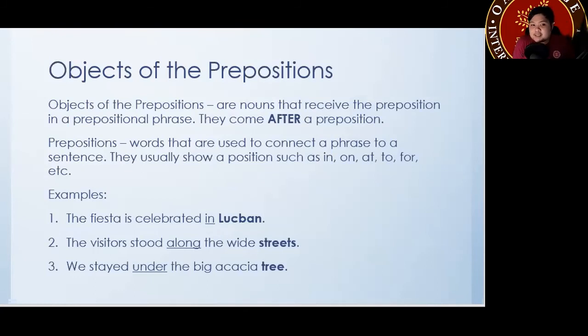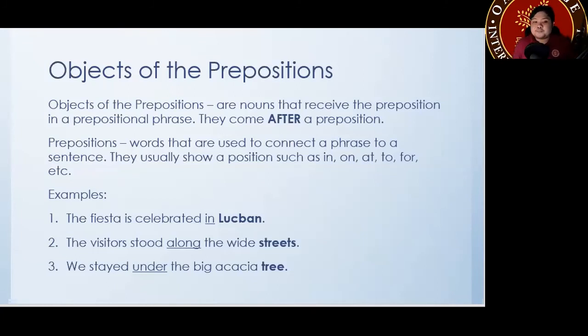And what are prepositions? These are words that connect a phrase to a sentence, and they usually show positions such as in, on, at, to, for, under, or over. These are all prepositions. So for example, in what, on what, at what, to what, for what. Whatever the answer there is, it's going to be the object of the preposition.